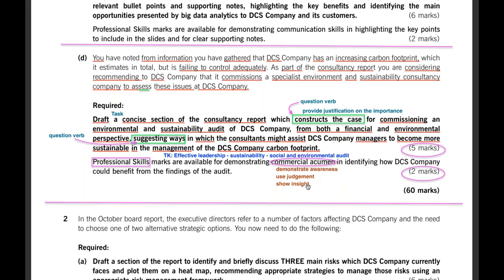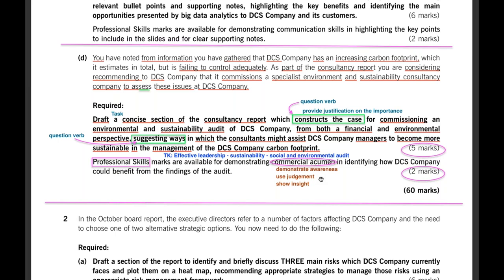That means in this particular case, you need to be able to show how this social, environmental and sustainability audit is important for the business.